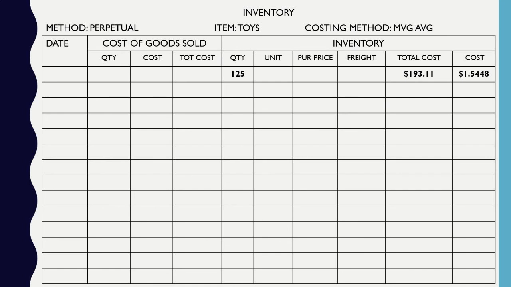I want to transfer that amount over, because this is what I am going to start my inventory worksheet with. I don't care what came first. I don't care what came last. I'm just going to carry everything over and keep my average cost like that.